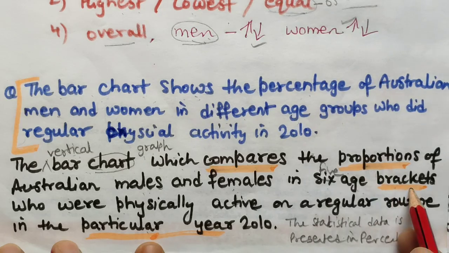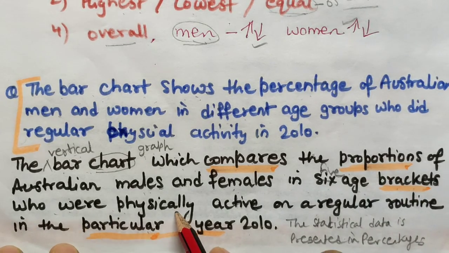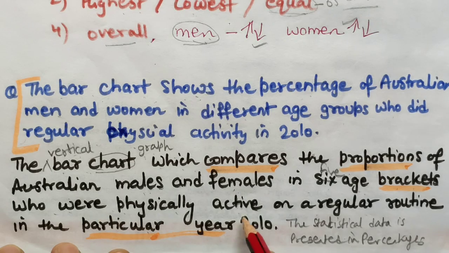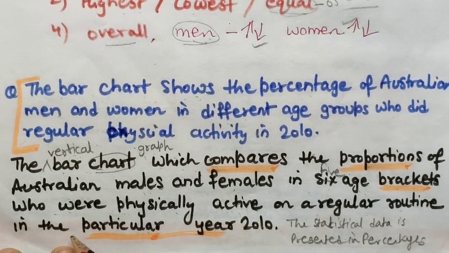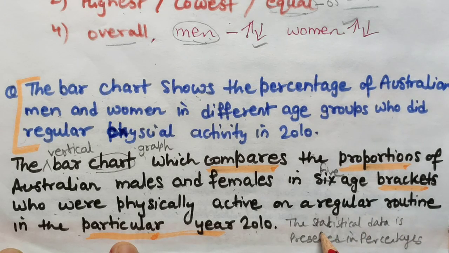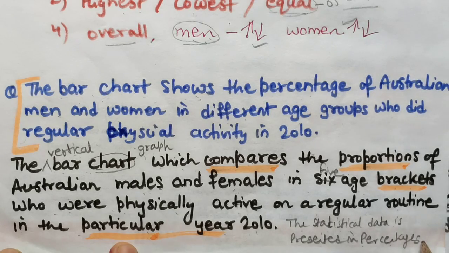Instead of groups I have written brackets. Who were physically active, who did regular physical activity, on a regular routine in the particular year 2012. The last line you can also write if you want: the statistical data is presented in percentages. So that's the introduction.